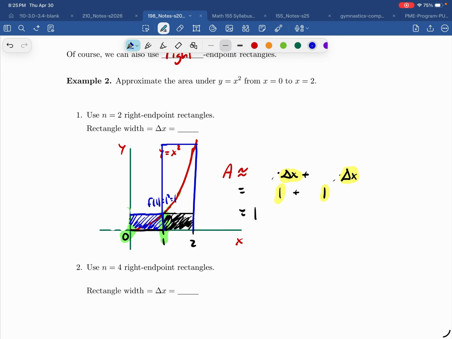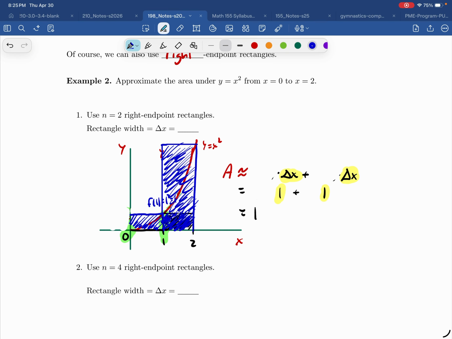Maybe I should have labeled this somewhere else. This is y equals x squared. And look at the height of this second rectangle. Okay. So what's the approximation of the area under this curve?